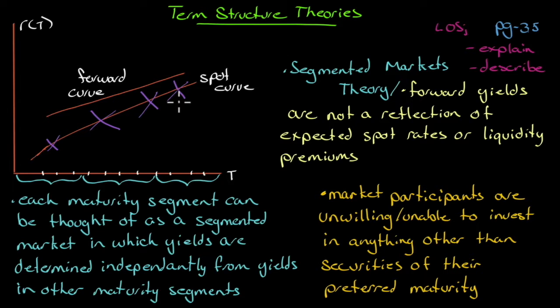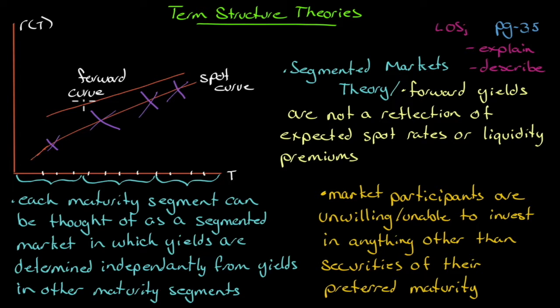While there are some players that can play the whole curve, the majority of each segment of the curve is dominated by those who only play that segment. Hence, the prices in those segments reflect the supply and demand fundamentals of those big players only. So the forward curve derived off the spot curve isn't really reflecting expectations of what the future of this market will look like.